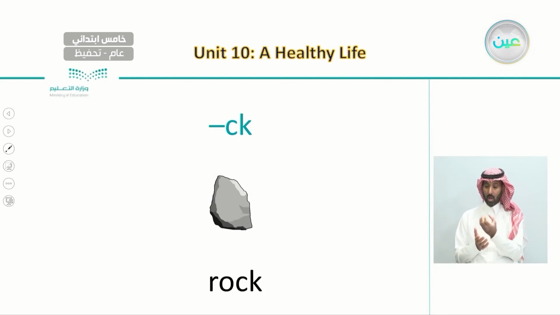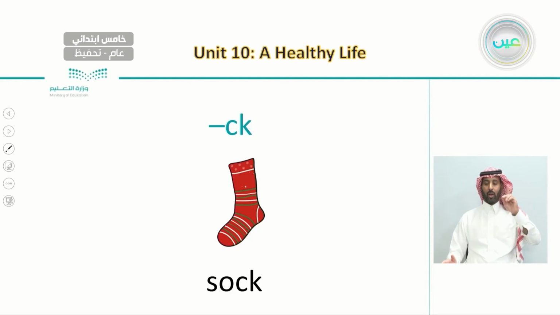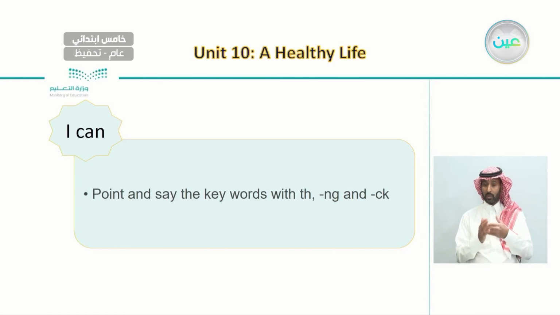Here we have rock. Rock. And finally, sock. Sock. So these are the words that end with C and K. And at the end, it is important that you are able to point and say the keywords with TH, th, and that sound, and words that end with NG and C and K.